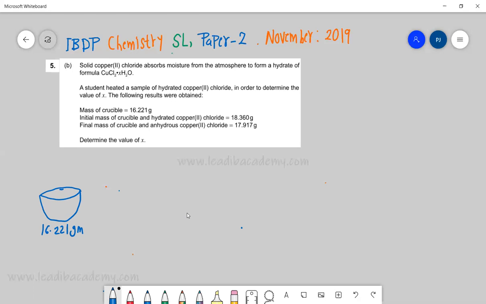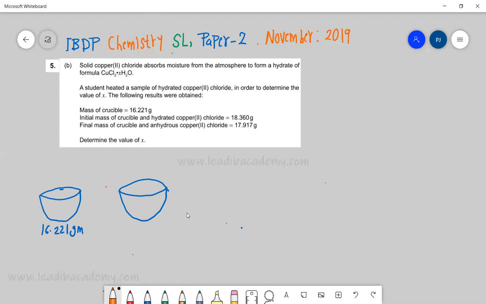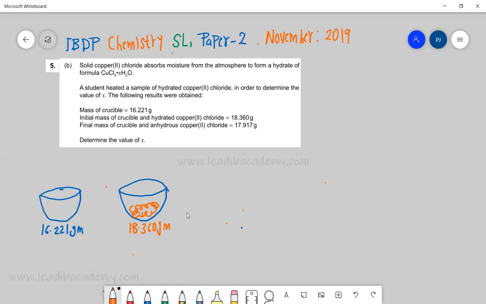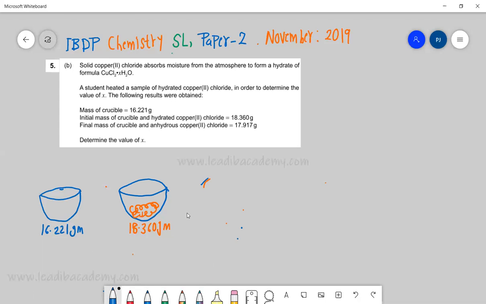Then the next step is we have put the hydrated sample, and the mass is 18.360 gram.